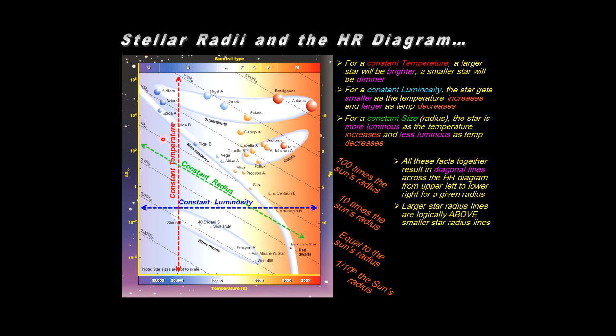And here's the one that passes through our star, the sun. So it's equal to the sun's radius. Underneath that, by a factor of 10, is 10 times less than the sun's radius, so a 0.1 solar radius star would be along that line. Here it's 10 times the radius. Here it's 100 times. You can keep going: 1,000 times the radius of our sun.